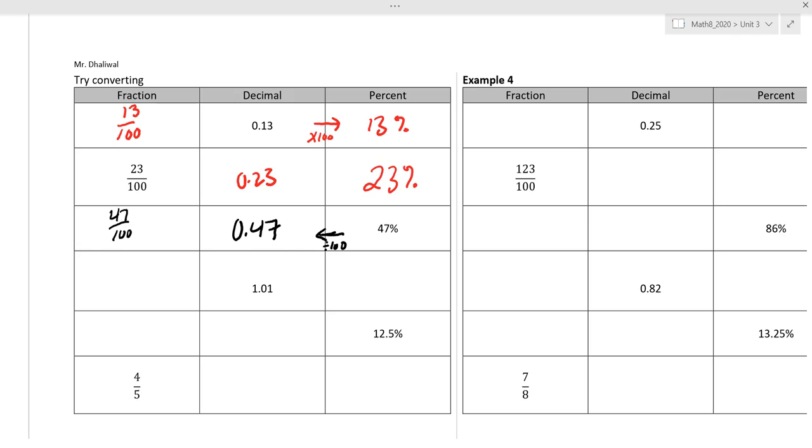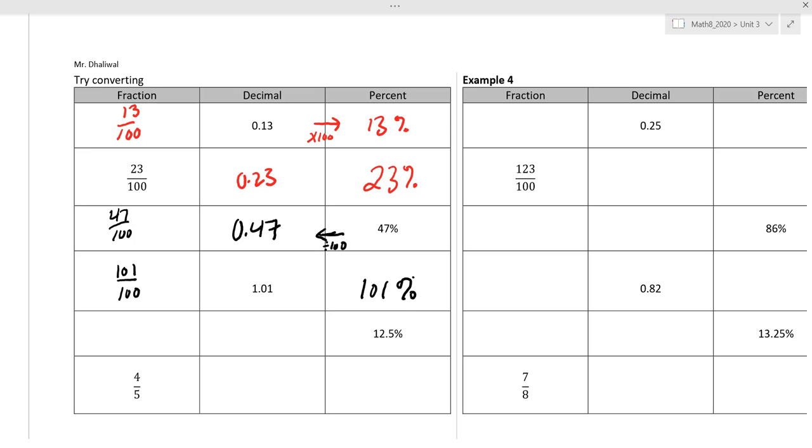As a fraction, it's out of 100, so it'd be 101 over 100. And as a percentage, it's 101%. Just being able to convert between all of them. And 101 is a prime number, so we can't simplify that either.